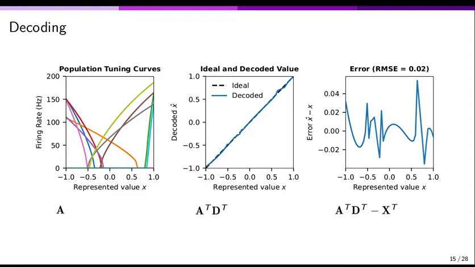All right, so what's an example of that? We have this represented value X. I'm showing this for the scalar case where X is a scalar between -1 and 1, although in general X can be any space.